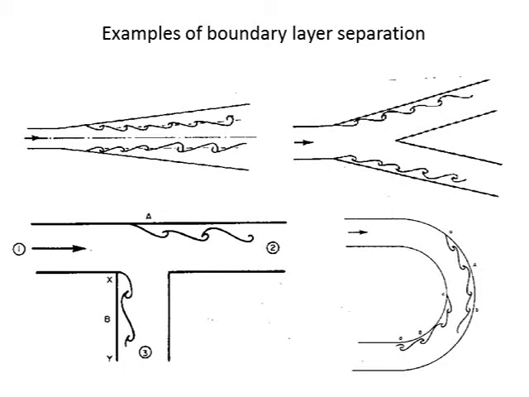In the second case, you can see the flow is divided into two regions, and you can see how the boundary layer separated. In the third case, when fluid flows from section 1 to 2 and 3, you can see separation of the boundary layer.